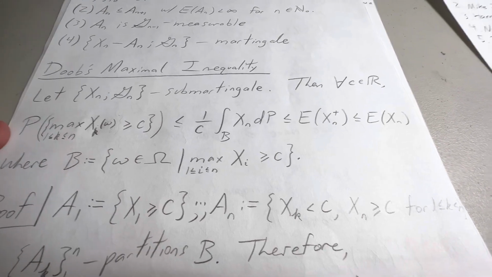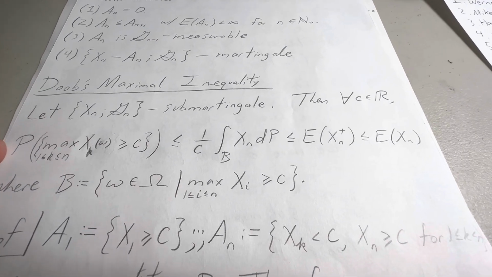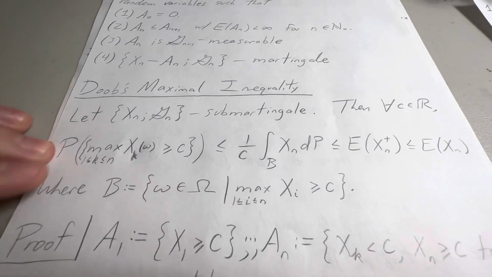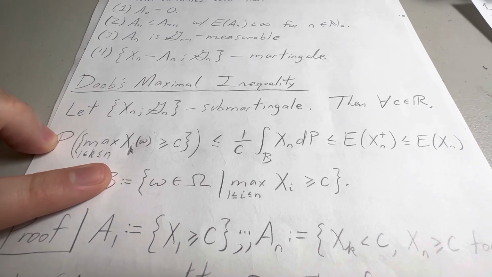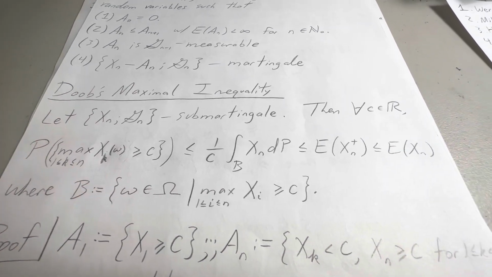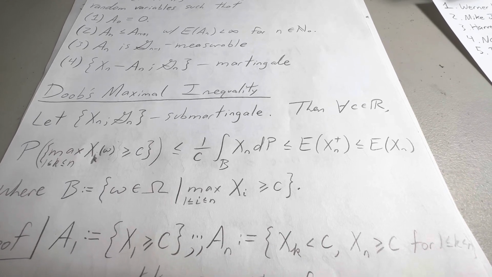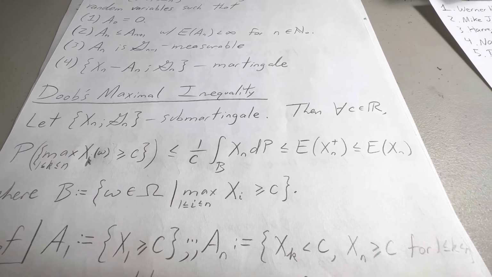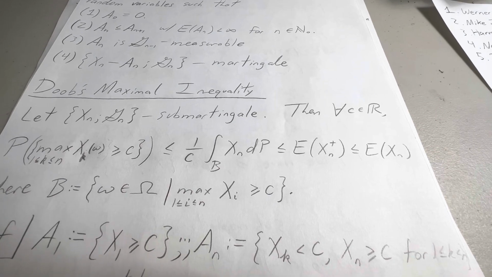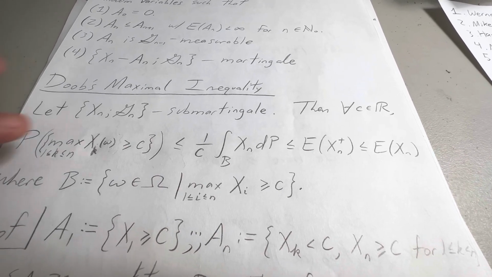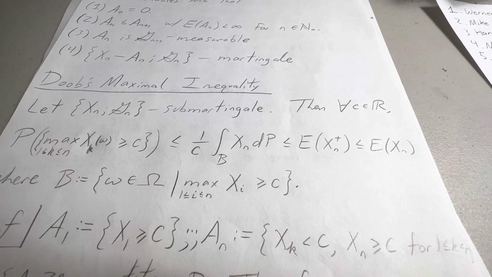But whatever, we'll just keep going. What it says is that the probability of this set, where the maximum of Xk is bigger than or equal to c, has to be less than or equal to 1 over c times the integral of Xn over B, which is less than or equal to the expectation of Xn, where B is the set that we're measuring here.